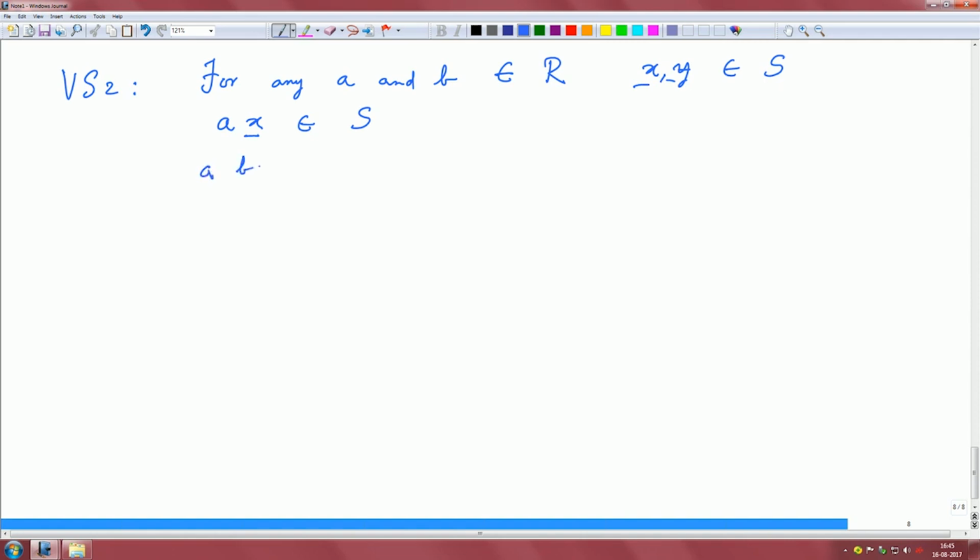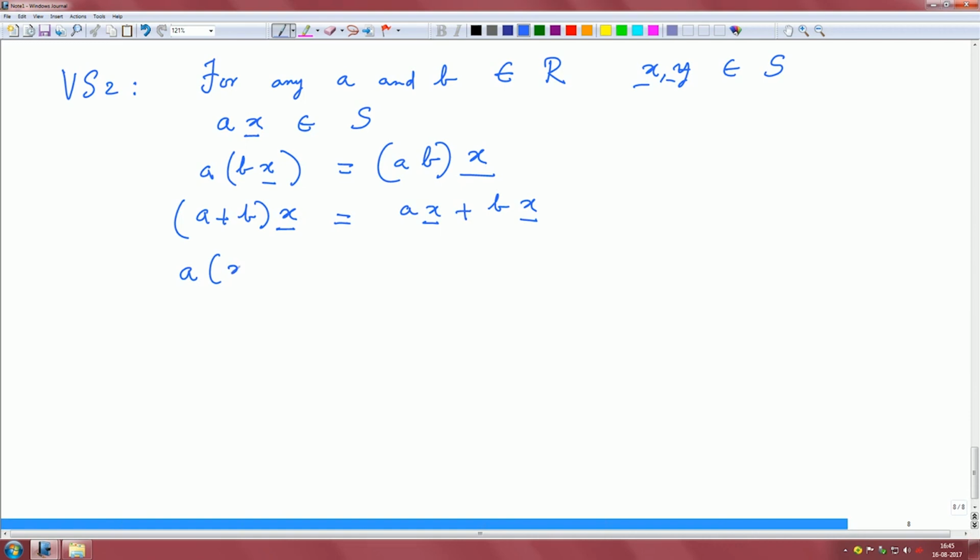Now A times Bx is basically AB times X, and then if you take A plus B times X, which is basically Ax plus Bx, this is basically distribution, and then you take A times X plus Y, this also distributes, it is Ax plus Ay.